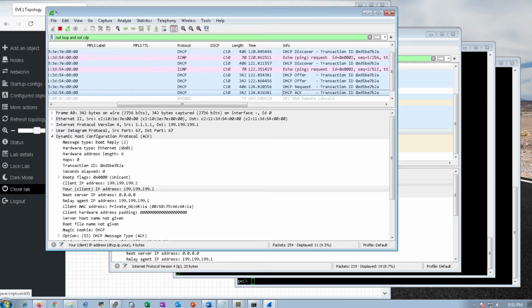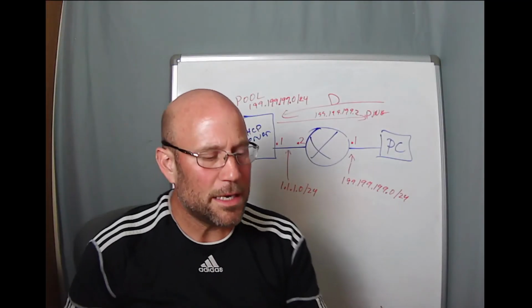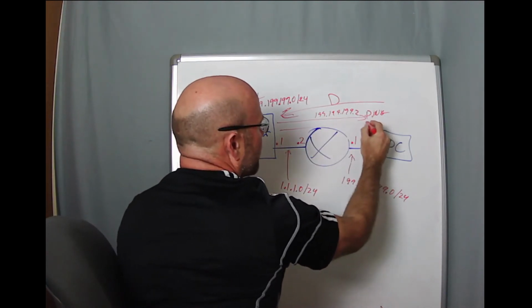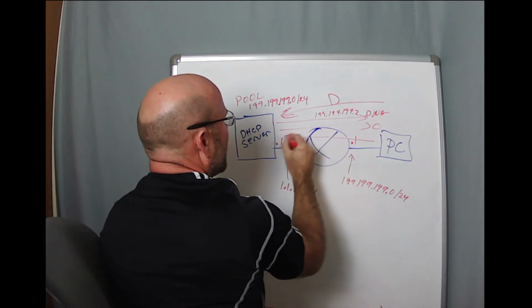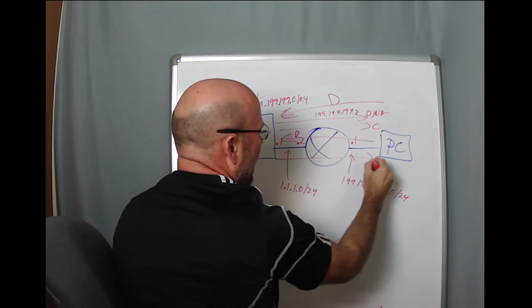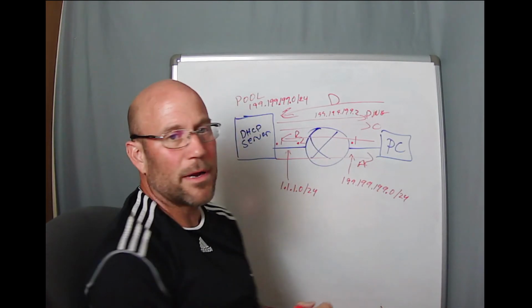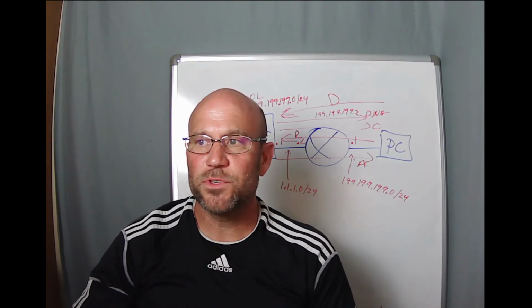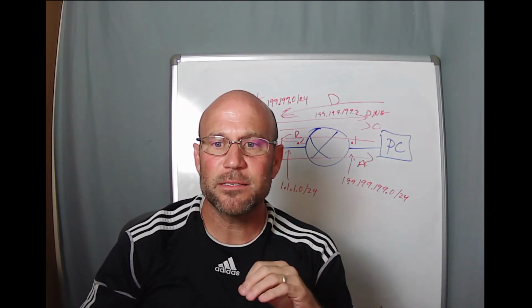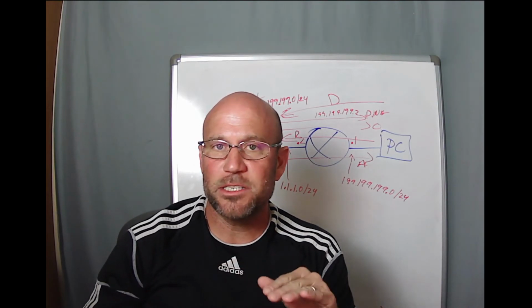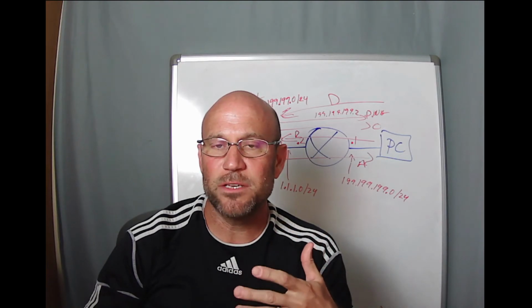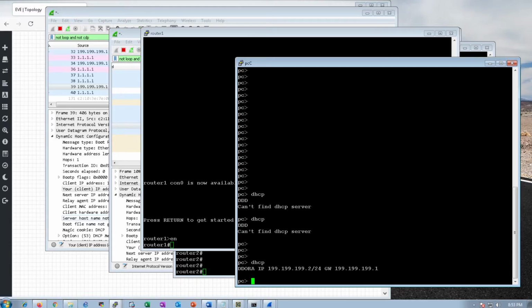Okay, and so the way that looks is the discover, the offer, the request, and then the ACK. All right, and that's the complete DHCP process. Once those 4 transactions have taken place, then DHCP is in a steady state, and it just maintains its IP address for its lease time.